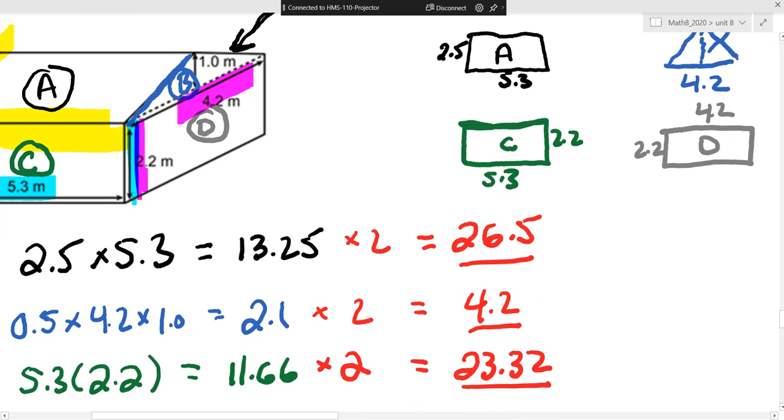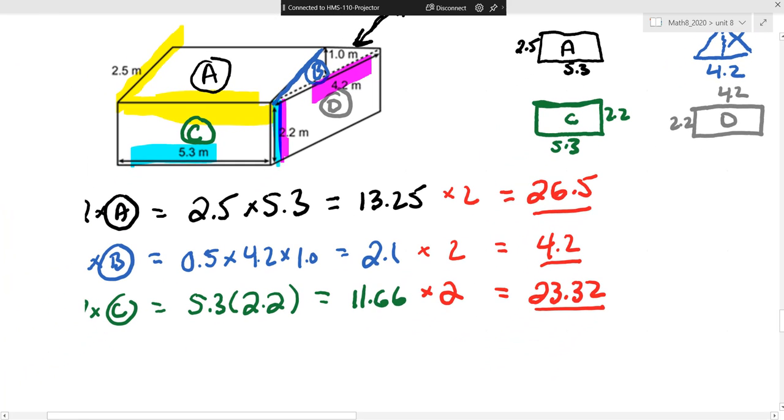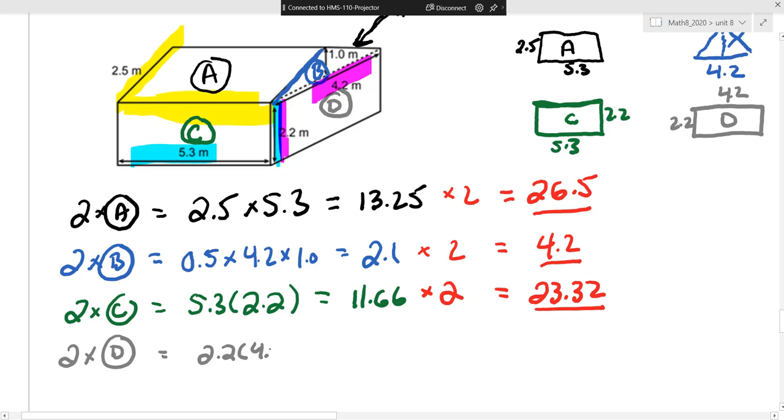And how many of these do we have, Lachlan? Two. All right. So we're going to calculate the surface area for this. Does it matter which one we times first? Nope. When you're multiplying, the order doesn't matter. It's just when you throw in adding and subtracting that the order starts making a difference. But these are all multiplying.